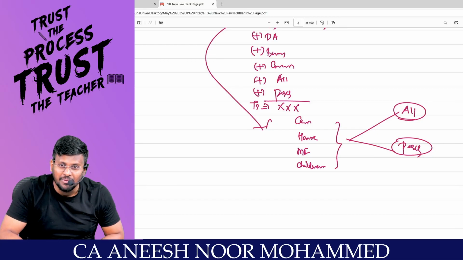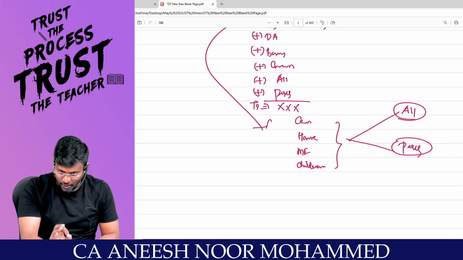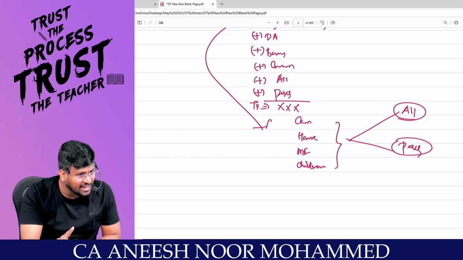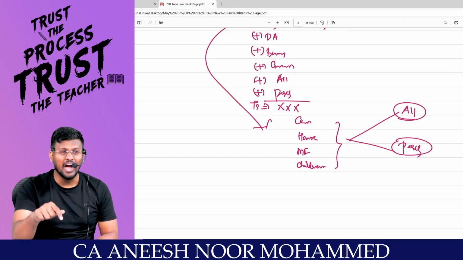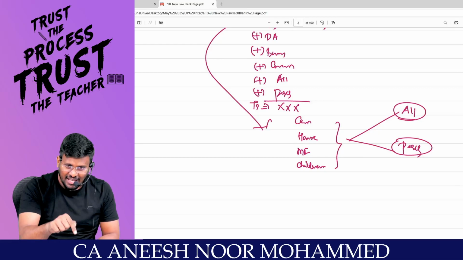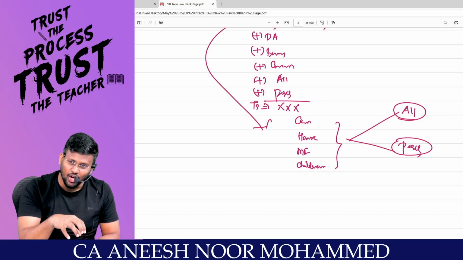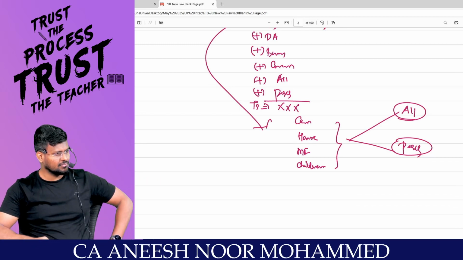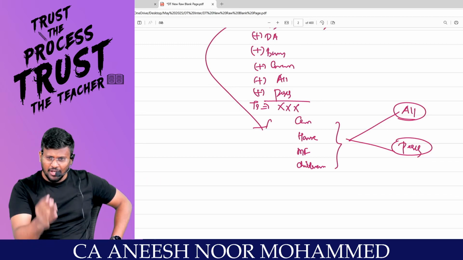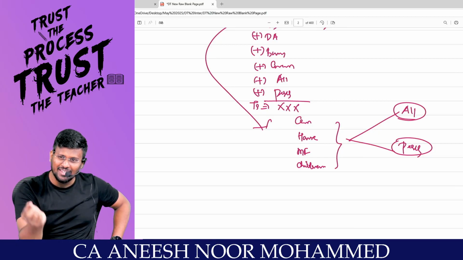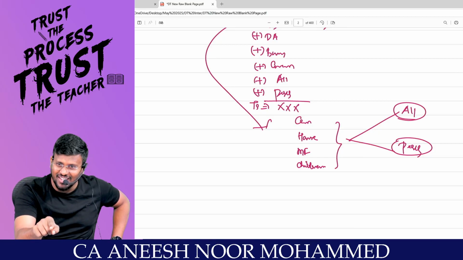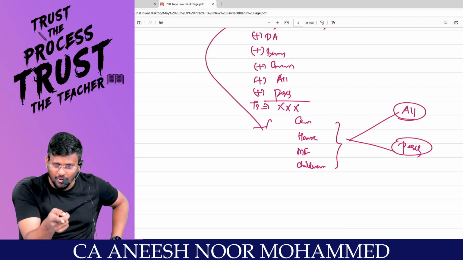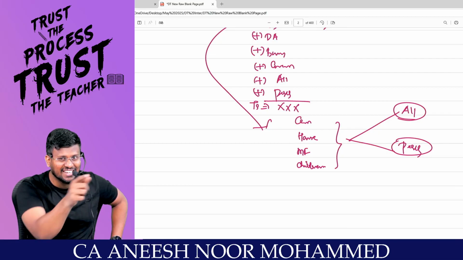If they include the income tax paid by the employer on behalf of the employee in the gross salary of the employee, the gross salary will increase. Correct? If the gross salary increases, on that increased gross salary tax has to be paid, that means it will be like a tax on tax.